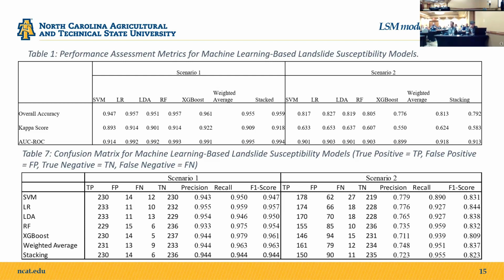Then precision measures that out of all the positive classifications that we have, what is the percentage that are truly positive? That is, out of the landslides that were classified as being landslide, how many of them are actually landslide? Then the recall is, out of the positive landslides that we have, how many of them were actually classified as positive?